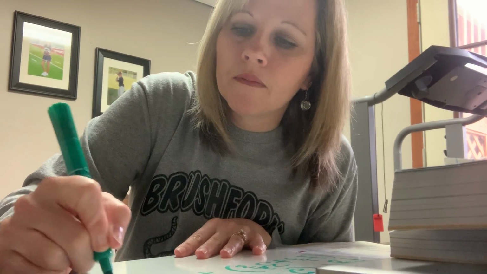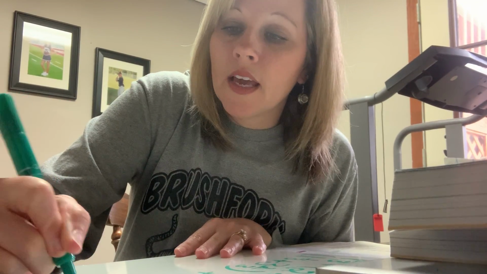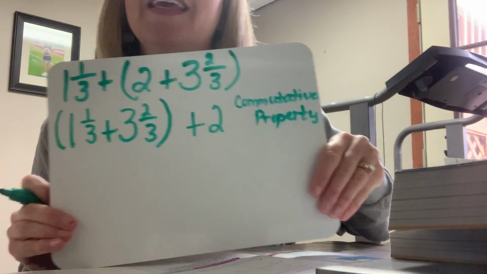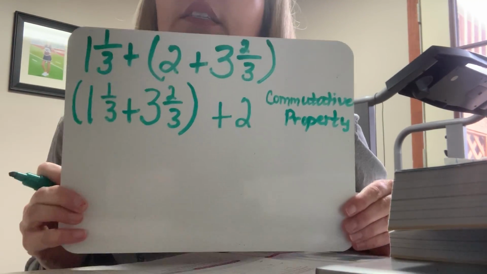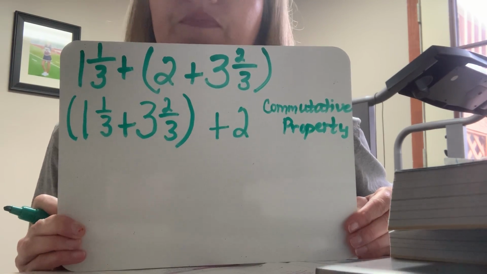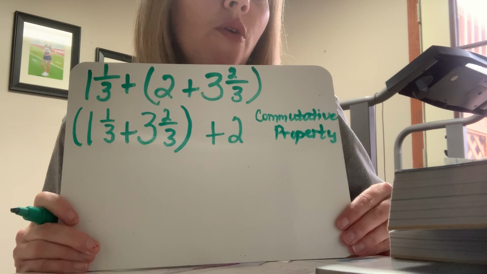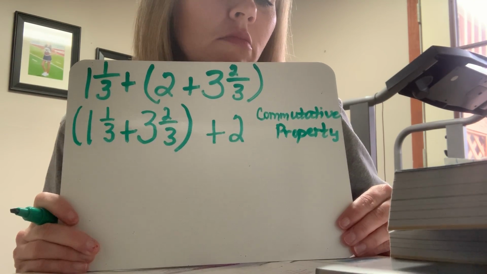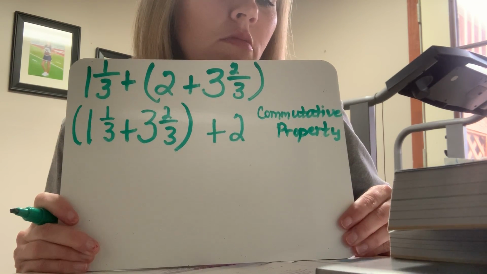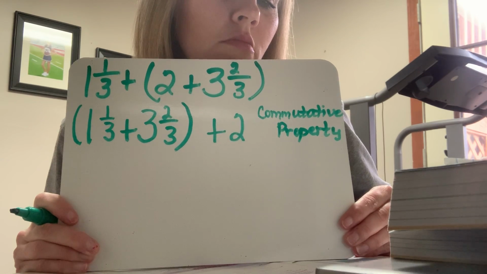Commutative property is when you can change your addends and regroup them, just making it easier for you. Now I'm wrong, guys.